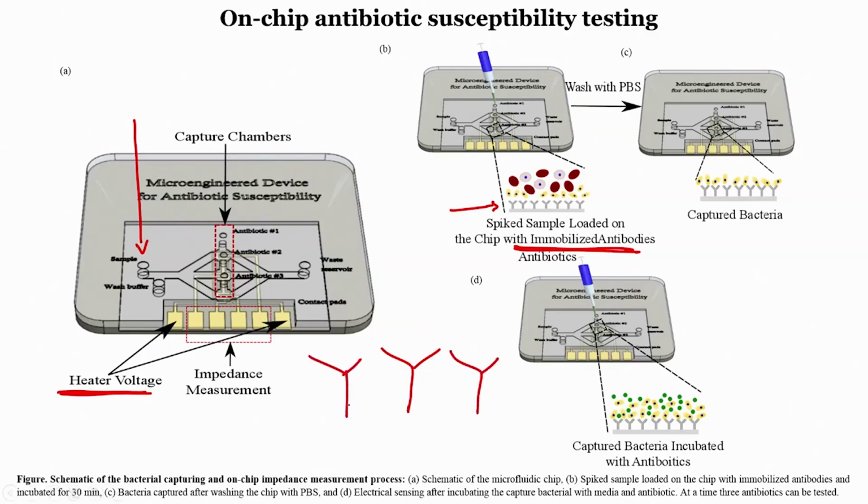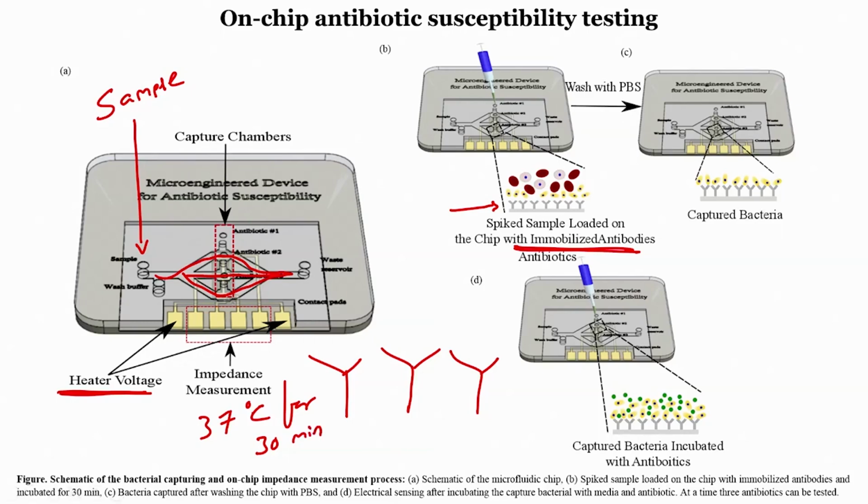Then we are loading a sample, it can be spiked blood, it can be urine, in the channel, and once the sample is loaded into the channel, it is incubated at 37 degree centigrade for 30 minutes.